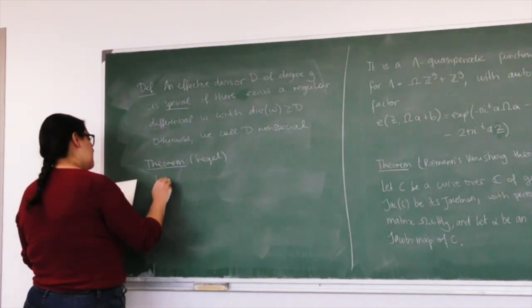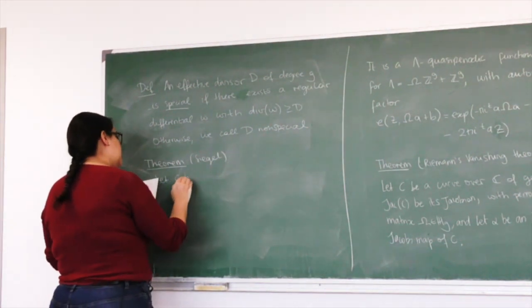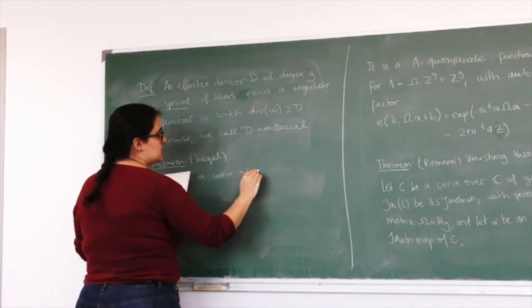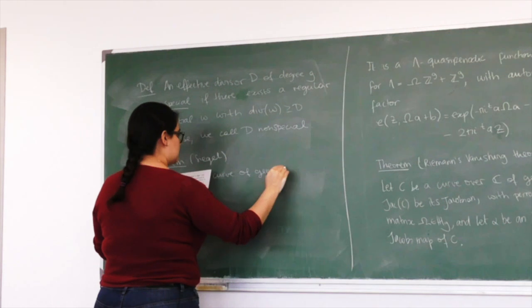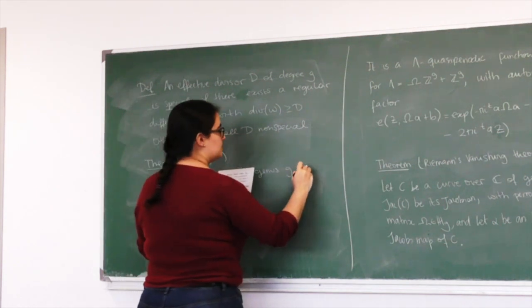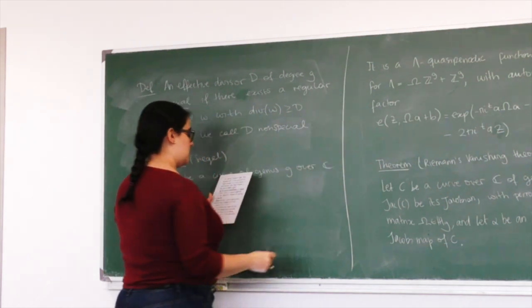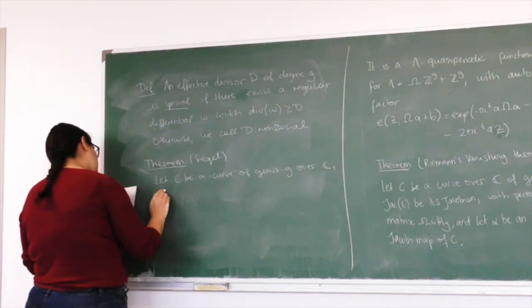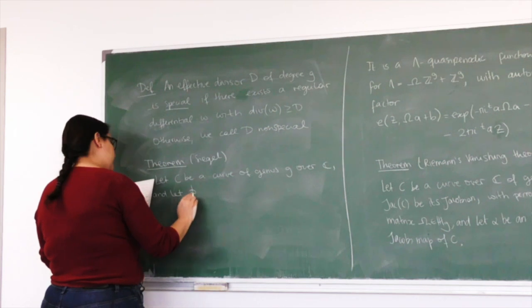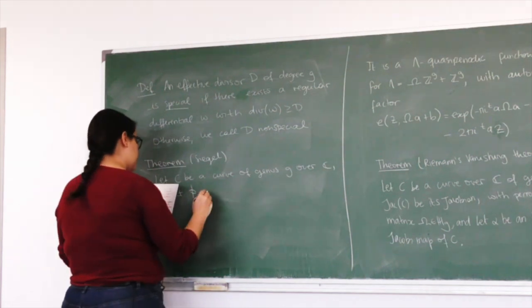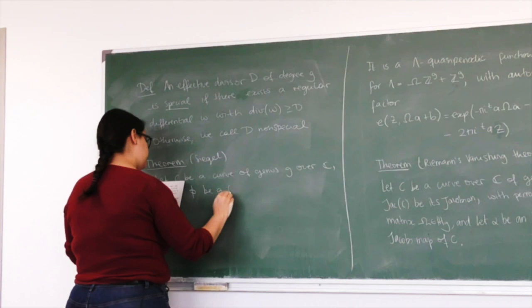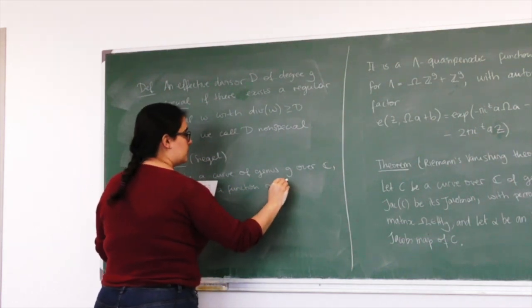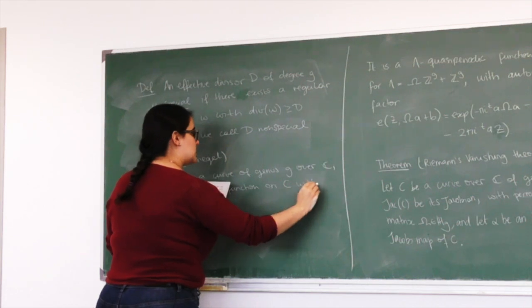So, as before, let C be a curve of genus g over the complex numbers. And now take phi to be a function on our curve with a certain divisor.